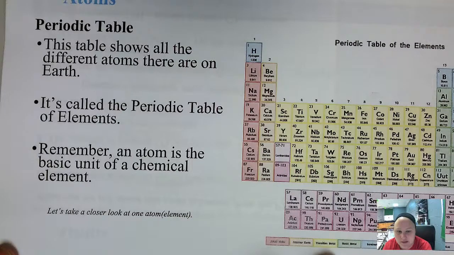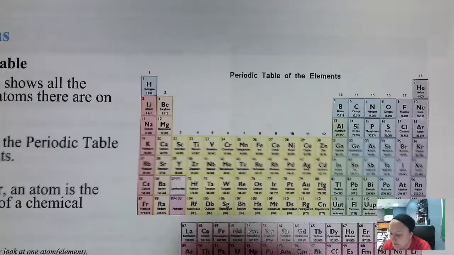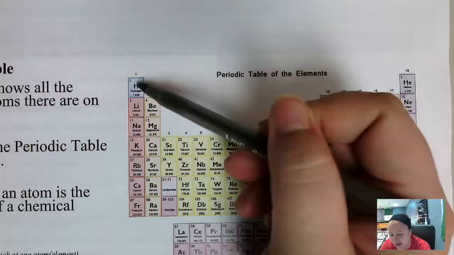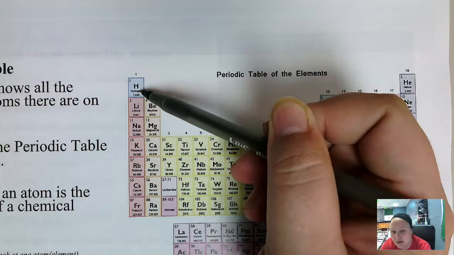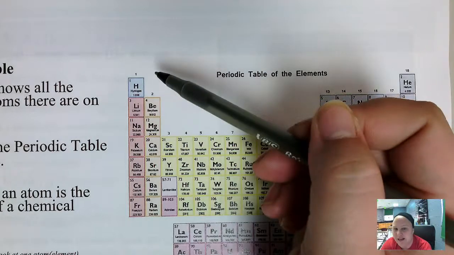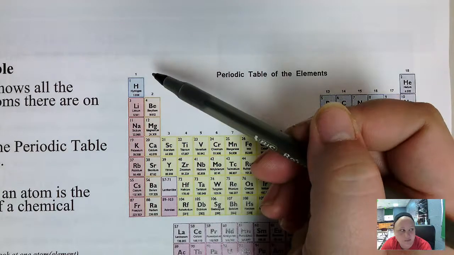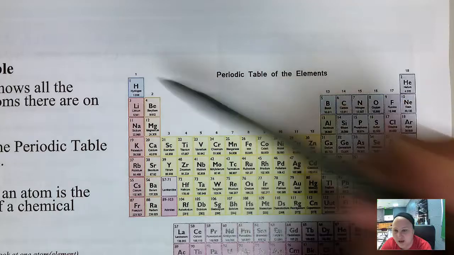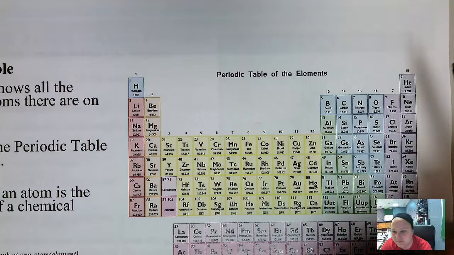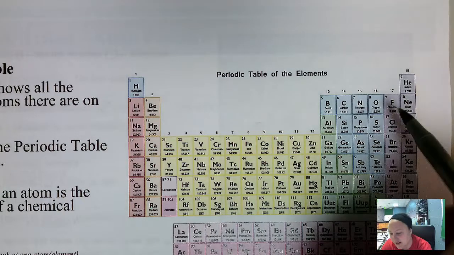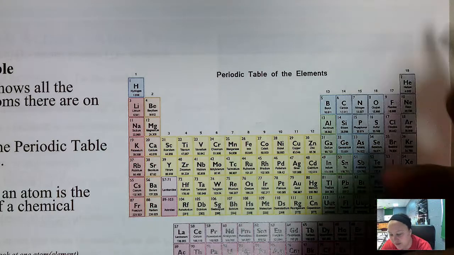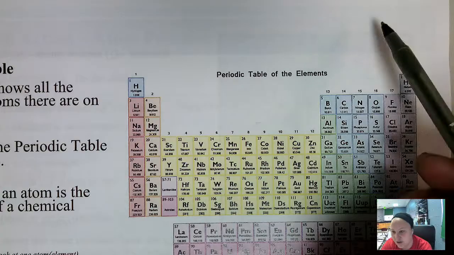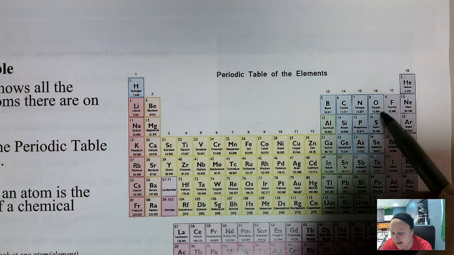Remember, an atom is the basic unit of a chemical element. Say you have hydrogen here. Even though this is an element, it's made up of tiny hydrogen atoms. If you have a bunch of oxygen atoms, then they're all pure oxygen. That's an element.